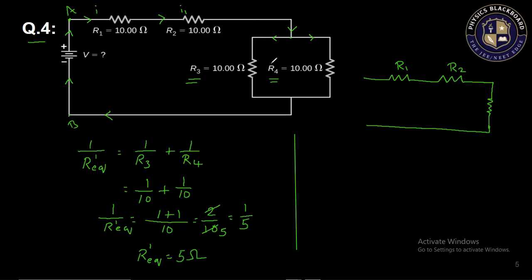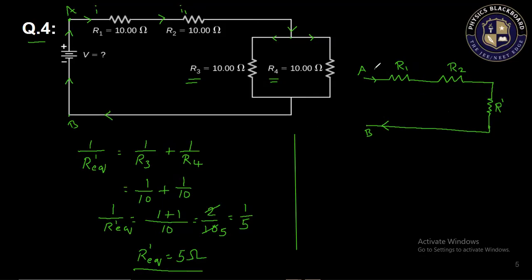R3 and R4 together I took as a single resistor, R dash, which we found to be 5 ohms. Now, the current is flowing from point A to point B, and let's say this is point B. So if you redraw this circuit, you will get this circuit.